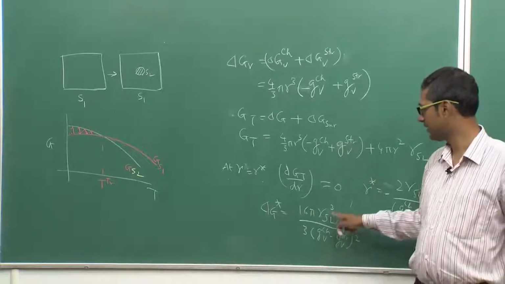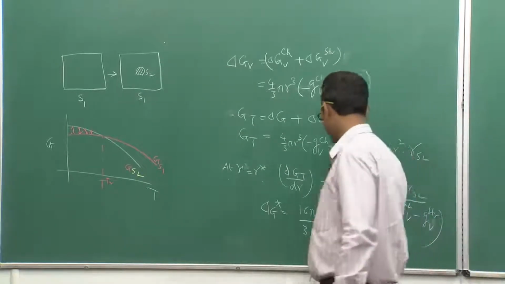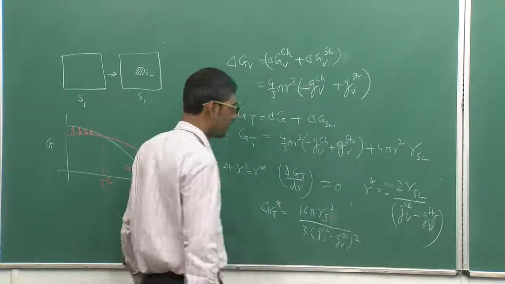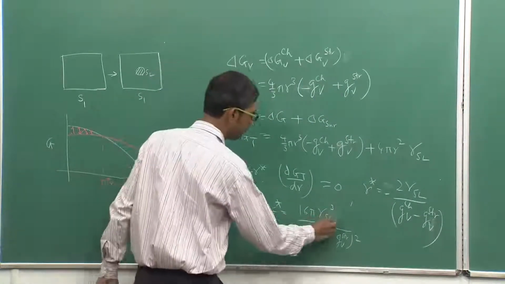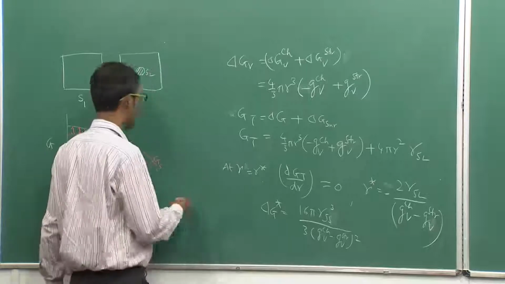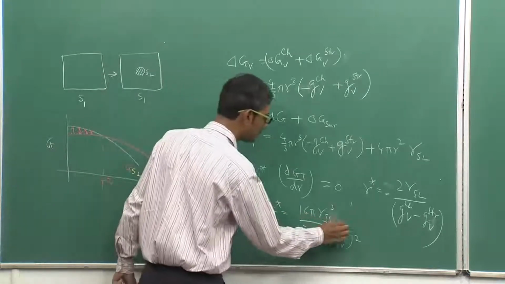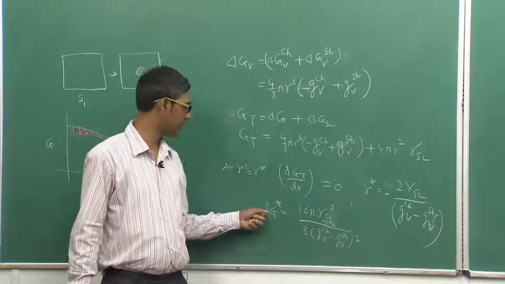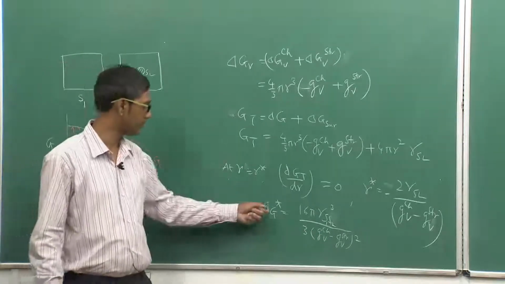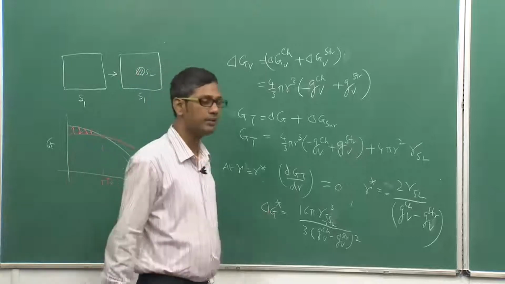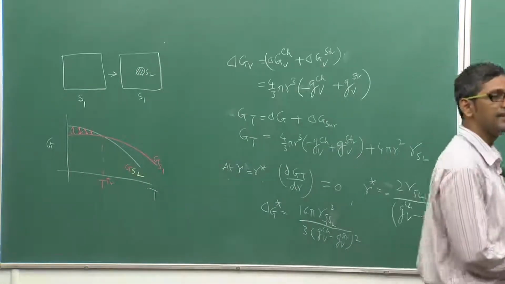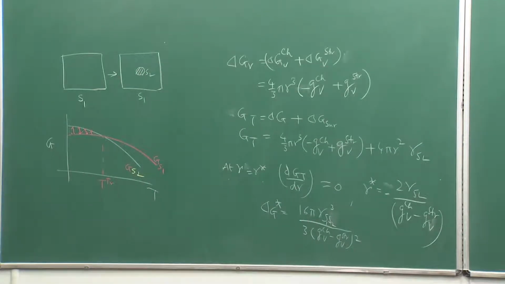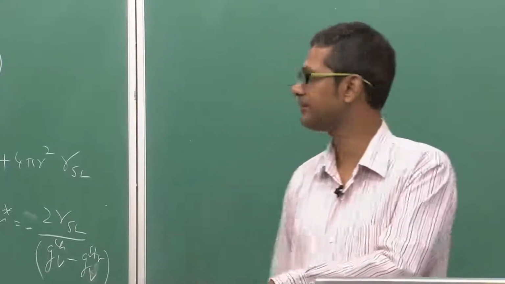You see here, it will be solid solid, sorry, not liquid, gamma solid solid, or rather gamma S1 S2, and because this value is getting reduced, therefore delta G will increase. Again here also, the critical barrier will increase.